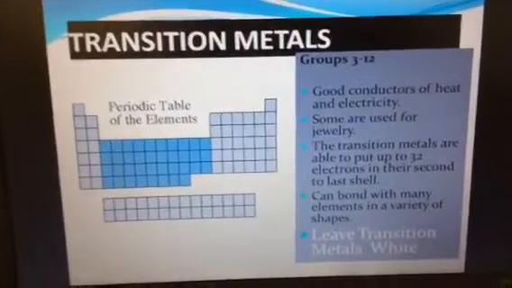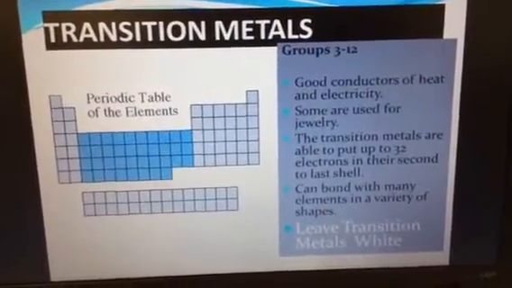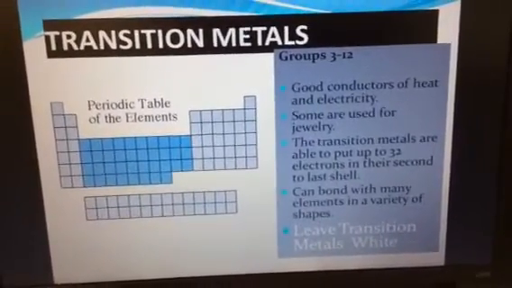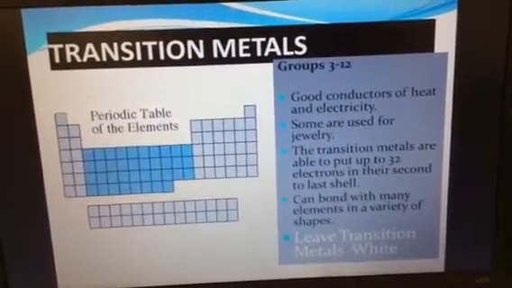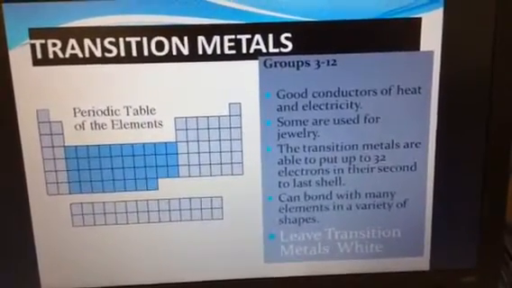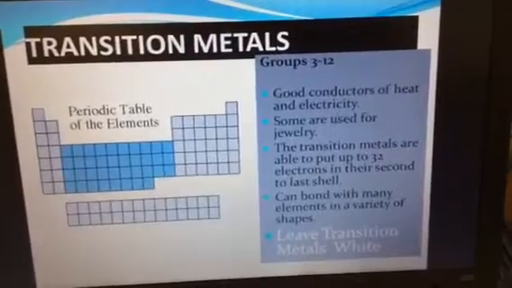Your next group is called the transition metals. These are groups 3 through 12 on your periodic table. We count them just as the transition metal. That's what we name them as a group. You are going to leave these white. Do not color them.